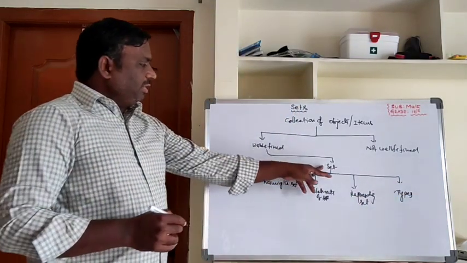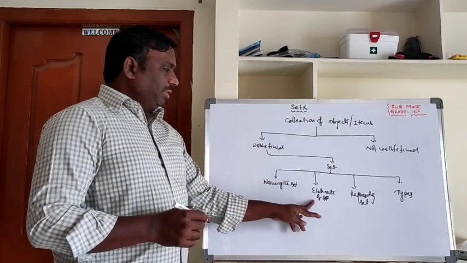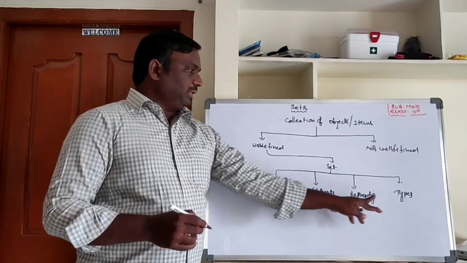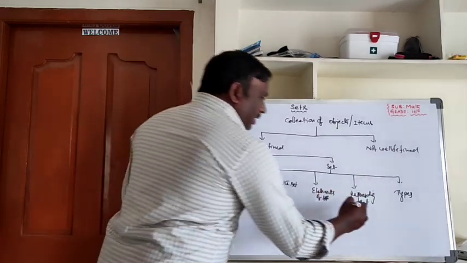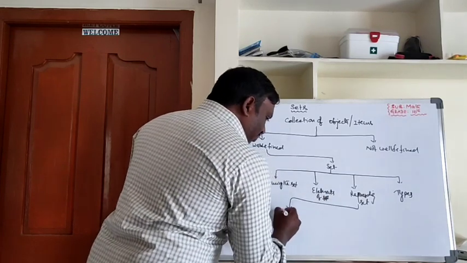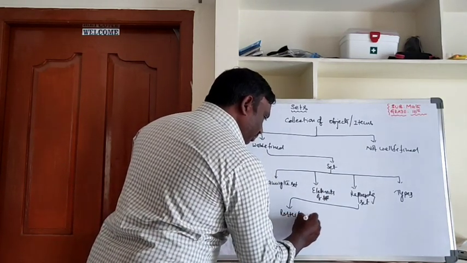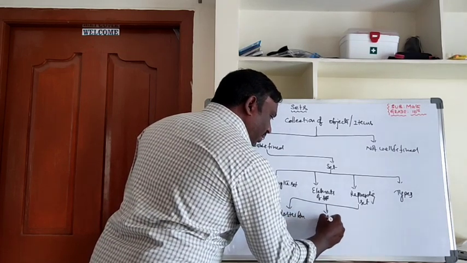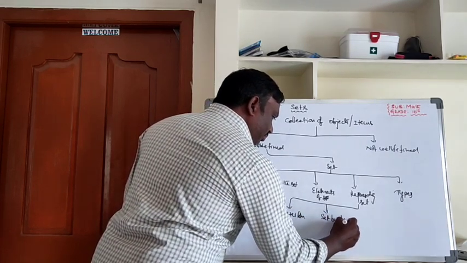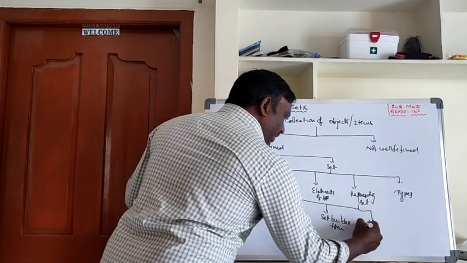So from this set we can divide naming the set, elements of set, representing the set, and types of sets. Again, dividing the representing the sets: roster form, set builder form, and the Venn diagram.